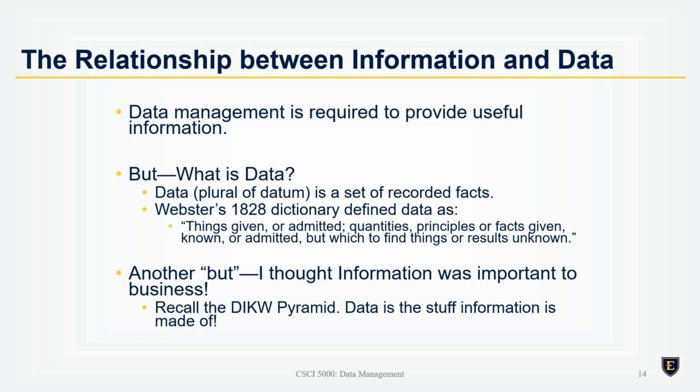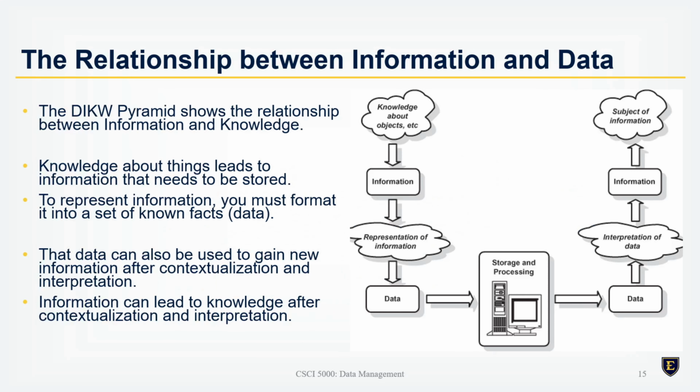But I also thought information was the important part of business. Well, that's true. When we recall the DIKW pyramid, data is the stuff information is made from. So if we start looking at this in a different way, we can map it out a little bit differently than we previously said. The DIKW pyramid shows the relationship between information and knowledge.